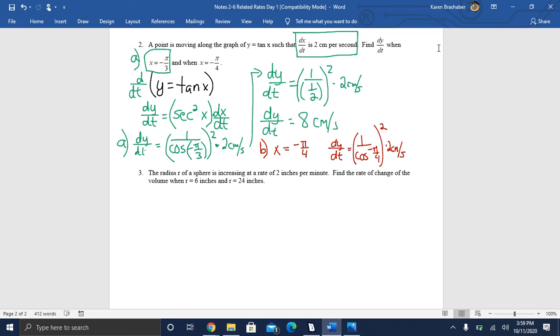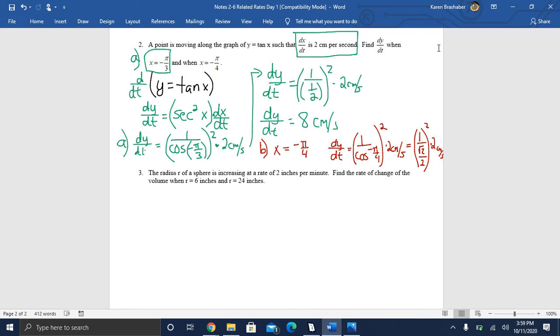The cosine of pi over 4 is square root 2 over 2. So it's 1 over the square root of 2 over 2, and then that gets squared. So 1 over the square root of 2 over 2, this gets squared. You're taking that times your 2. Again, that's centimeters per second.